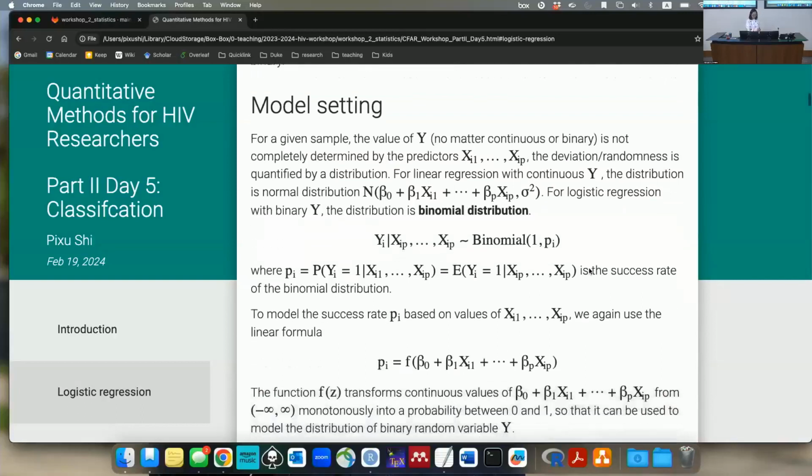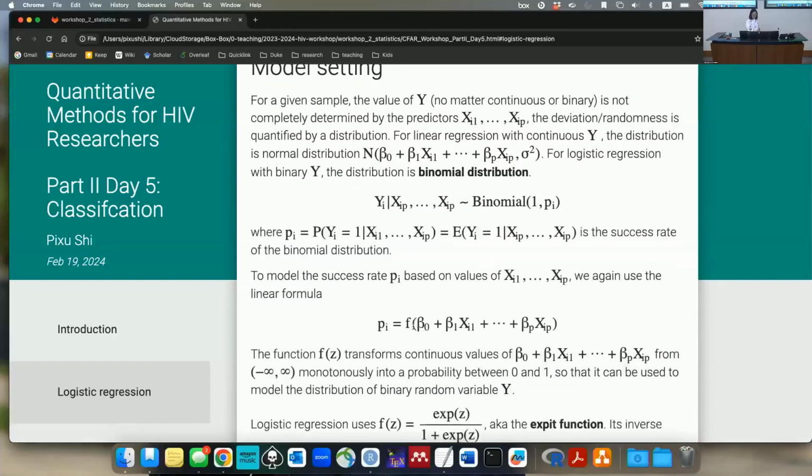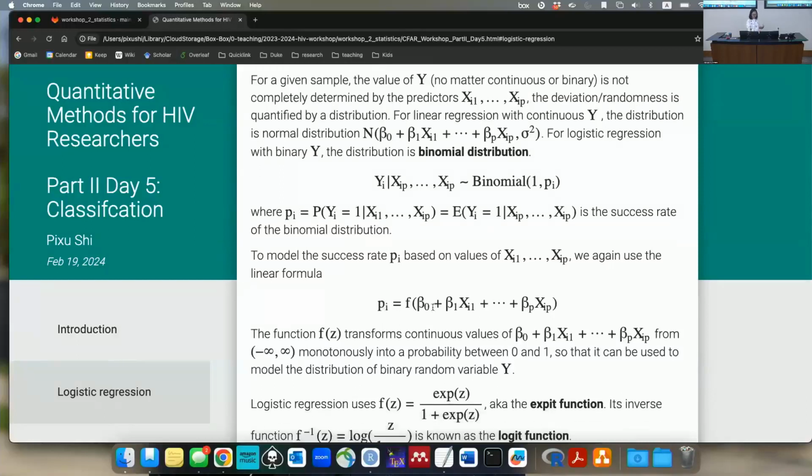is to use a linear combination of the predictors and then wrap it with a function, and then use this thing as the probability of getting a head or a tail. So now you're not completely determining the value of your tail and head using the predictors.